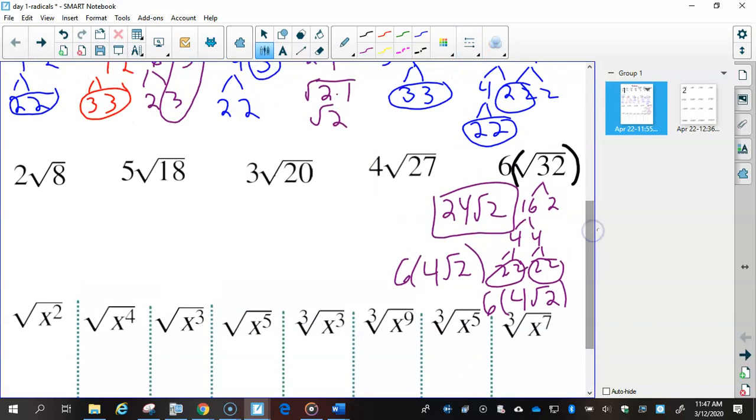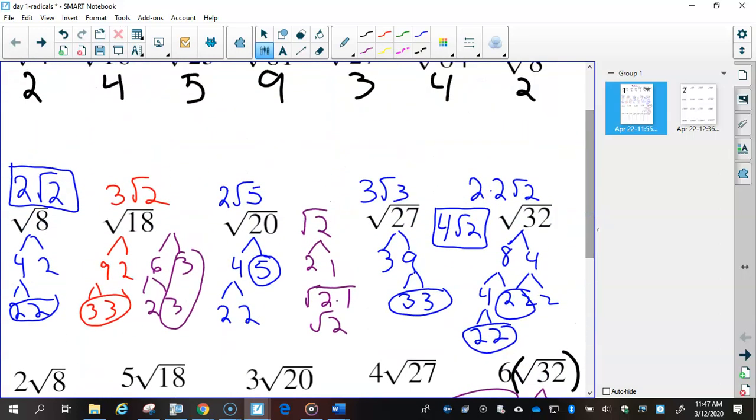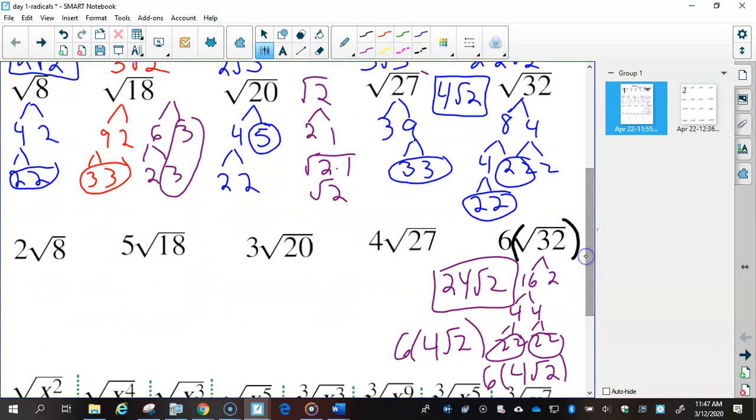Alright, for these, since we already have the square roots worked out, that would be these numbers that we already did. I'm just going to rewrite those down here. And then write the final answer.